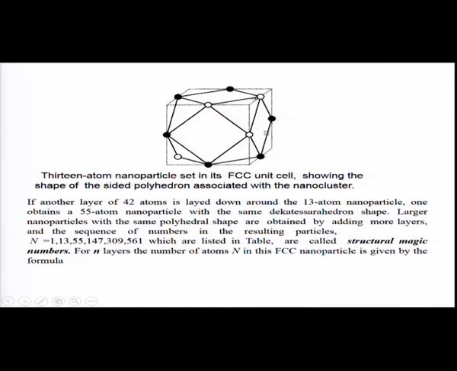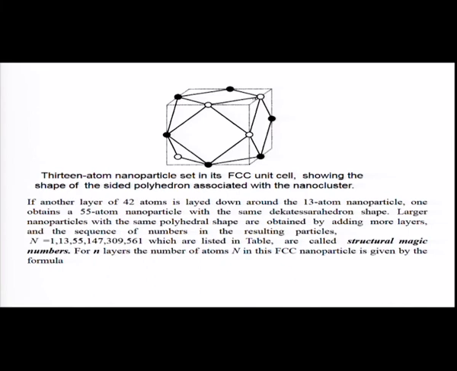If another layer of 42 atoms is laid down around the 13 atom nanoparticle, one obtains a 55 atom nanoparticle. The shape of this 55 atom particle is known as the decahedron shape, and larger nanoparticles with the same polyhedral shape are obtained by adding more layers.